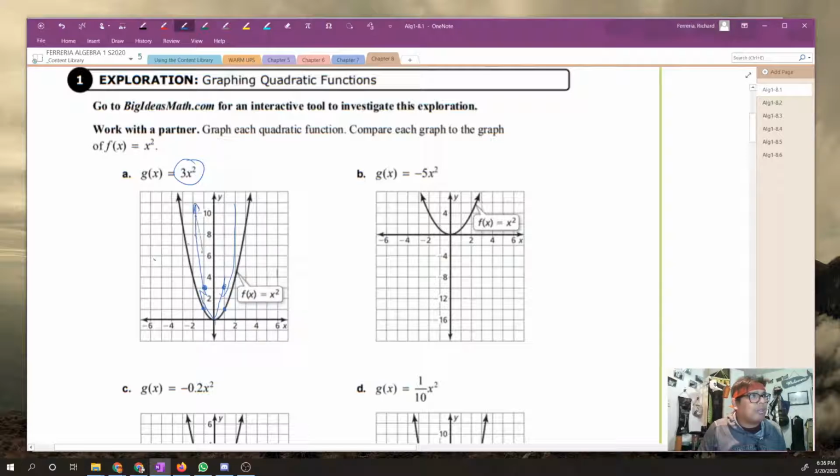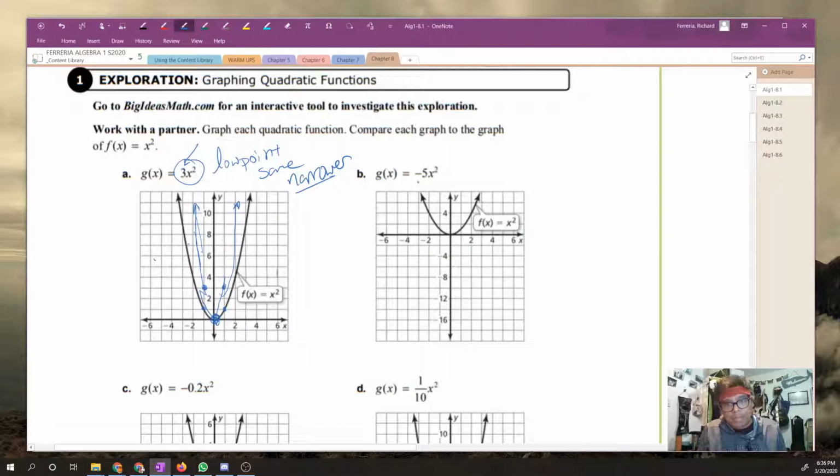I'm sure you'll do a much better job than I will. This graph is y equals 3x squared. So what do we notice? It goes all the way down to the same point at the bottom, so the low point is the same. And then it's narrower. That 3 made it narrower.